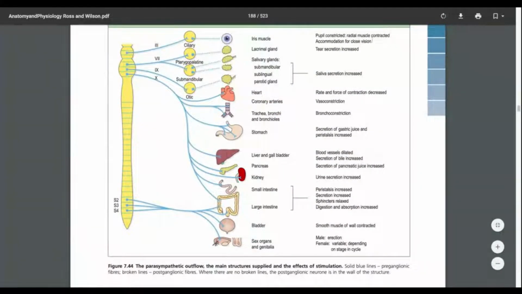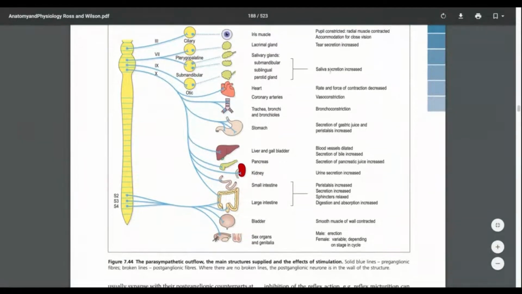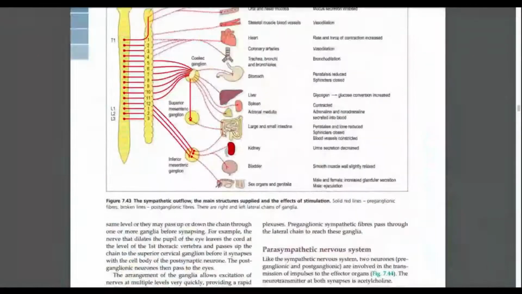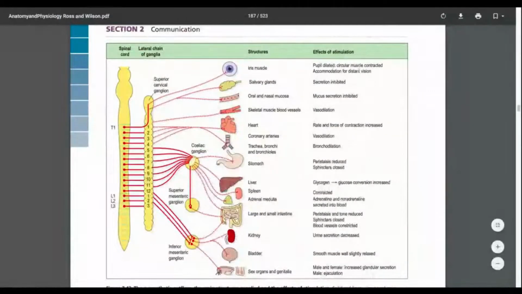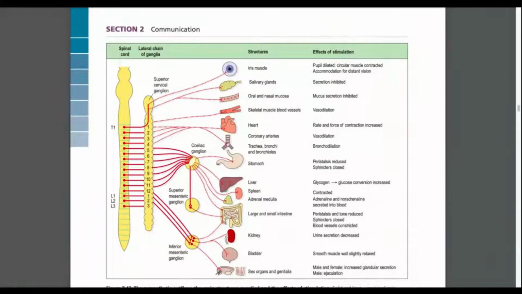For example, when you are looking at a far image, the parasympathetic nerve, that's the oculomotor nerve, is constricting the pupil, whereas the sympathetic nerve is dilating the pupil. You see, whatever action is done by the sympathetic, the opposite action is done by the parasympathetic. This is what you have to understand.